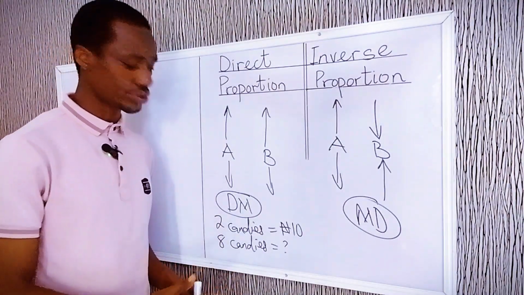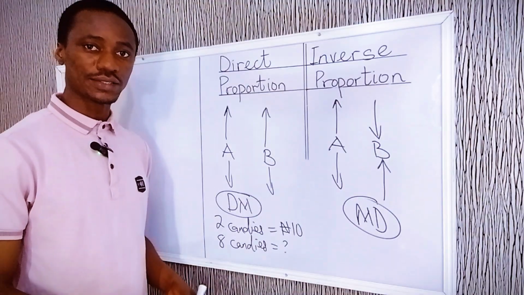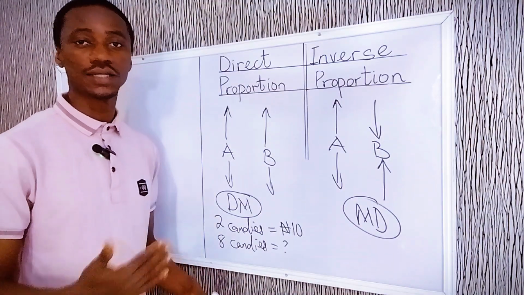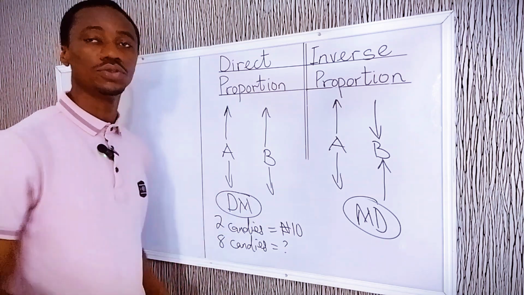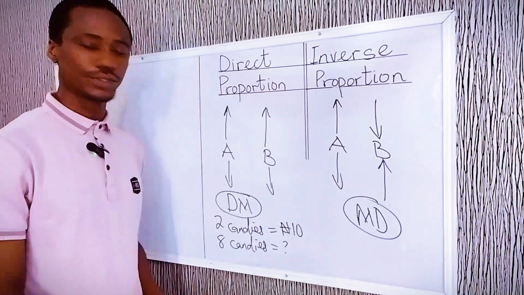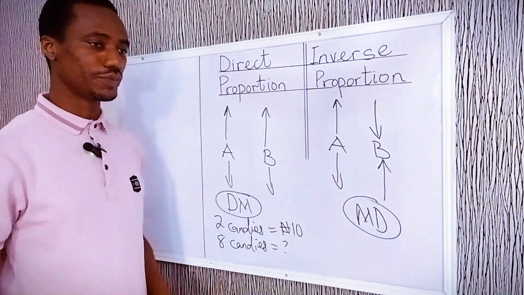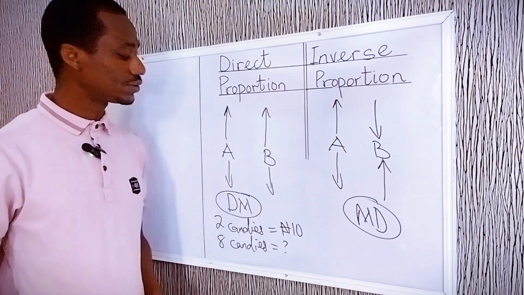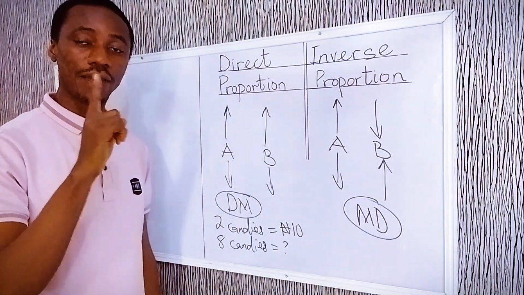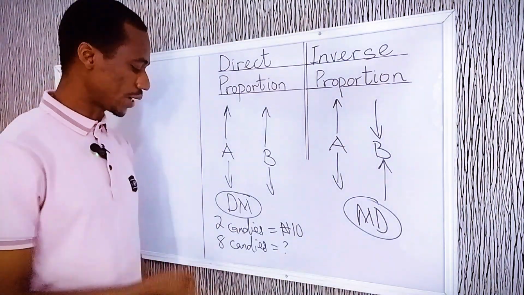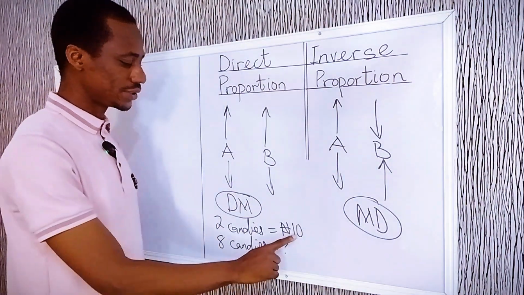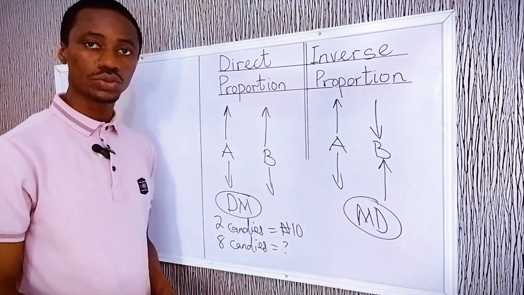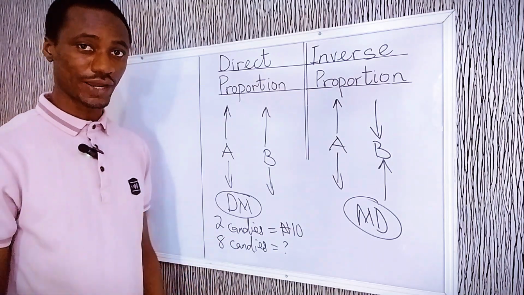If it's direct proportion, it means that as you increase the number of candies, the amount will also increase. So that means I'm going to do DM. DM means you divide first and then multiply. So you're dividing to find the amount for 1 candy. That would be 10 divided by 2, and the answer is 5.